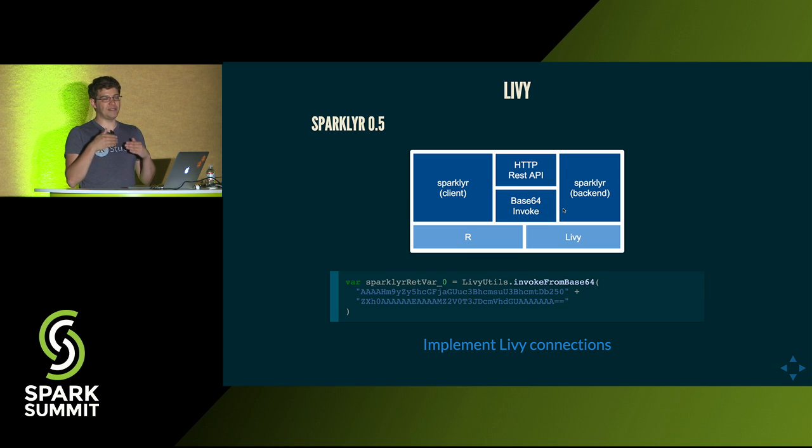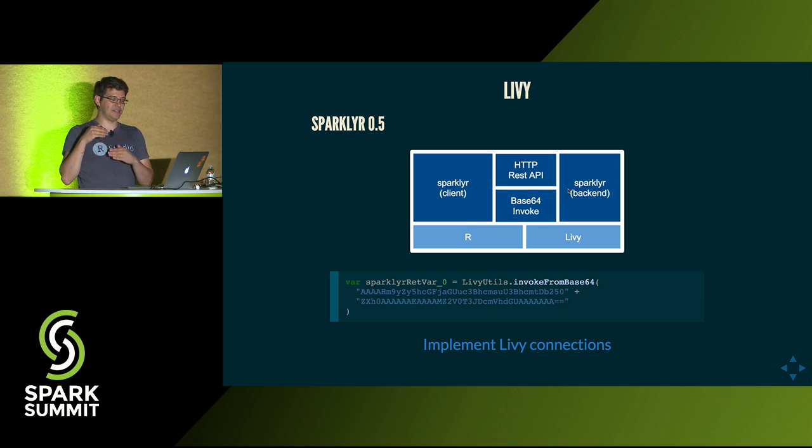So what we do is we have a subset of the code base that we also ship in the package as Scala files. Whenever you connect to Livy, we take these files, which are our whole Sparklyr backend, and push them through the Livy connection, which adds functionality to serialize results, format the results correctly, and things like that.